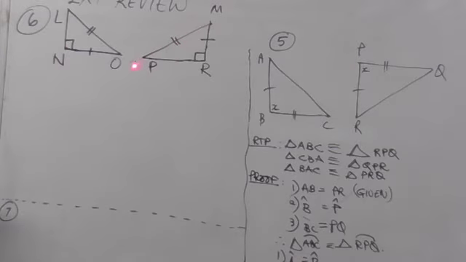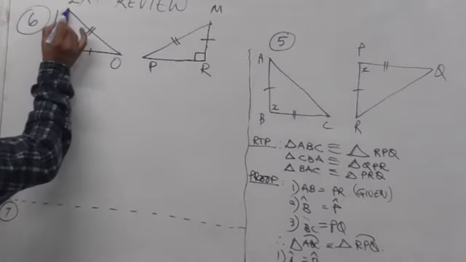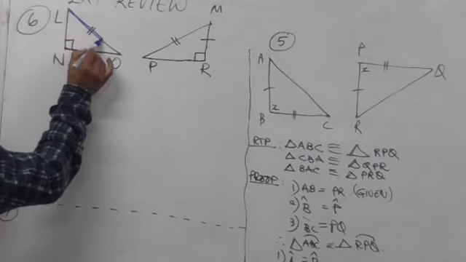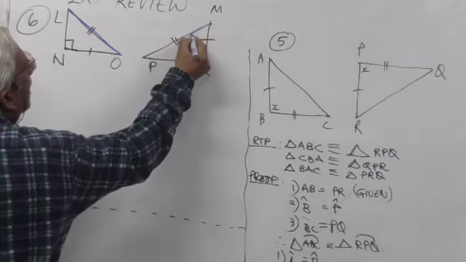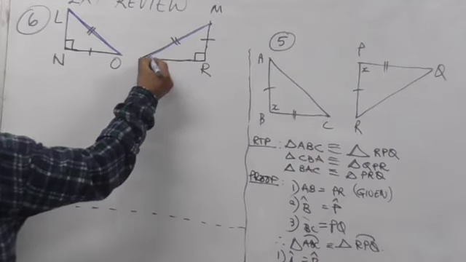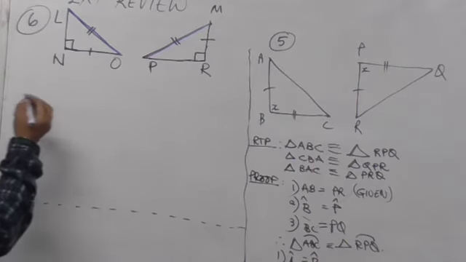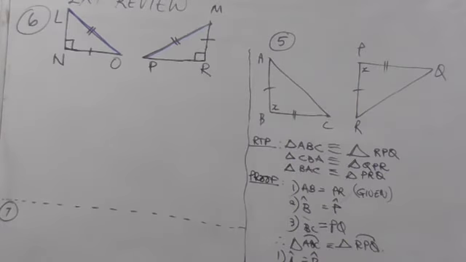You have the hypotenuse. If I put the hypotenuse in a different color, you can see clearly that this is the hypotenuse. So it's a case of 90 degrees, hypotenuse and one side.